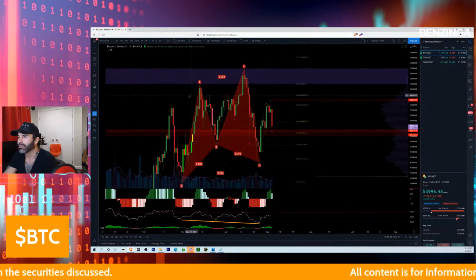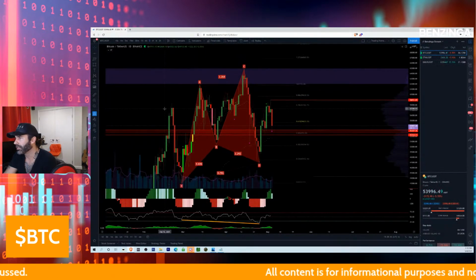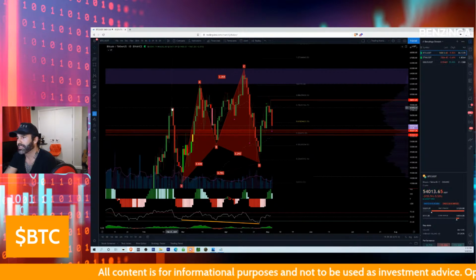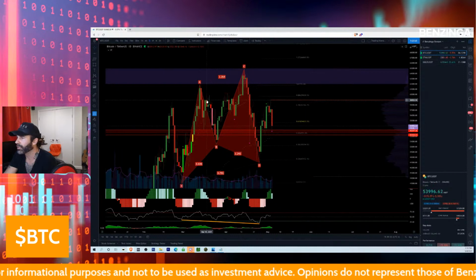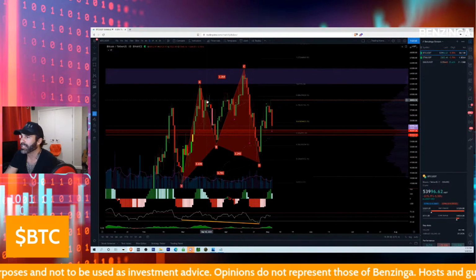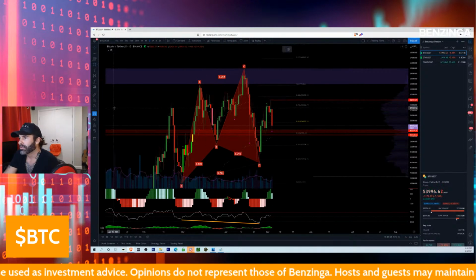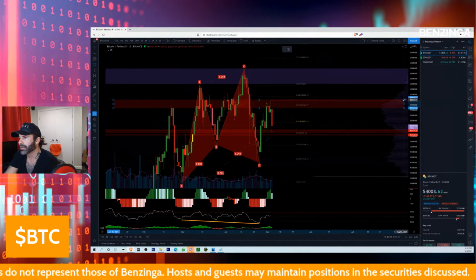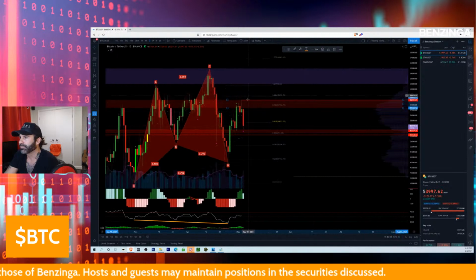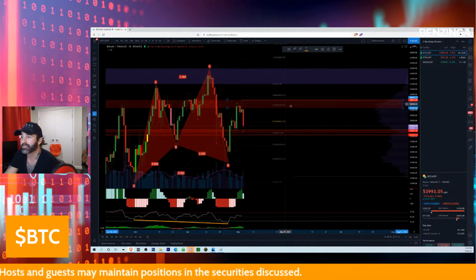You zoom out here. If we're looking on the daily chart, you've got this double top here at 57.4, and then once again over here you've got a double top at 58.9. So I'm kind of looking at this zone right here. Obviously there's some strong resistance in that area.